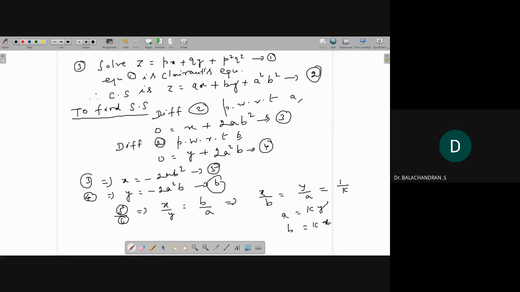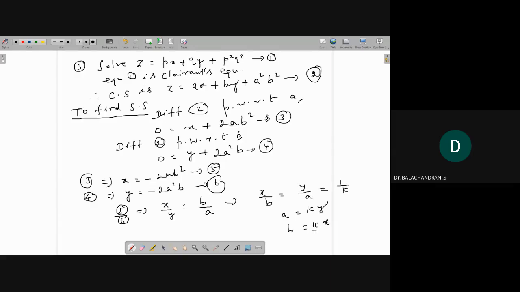Now I'm going to substitute a value and b value in equation 5. That is x is equal to minus 2 into a, which is ky, and b is kx whole square, b square. And then I'm going to find the value of k first.